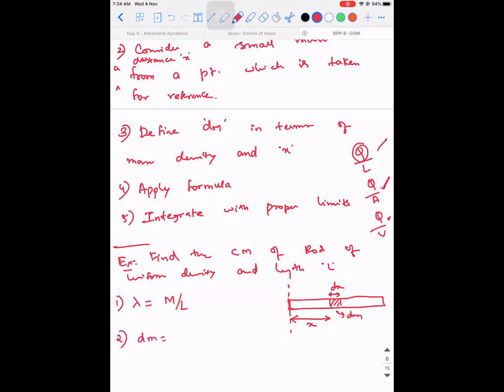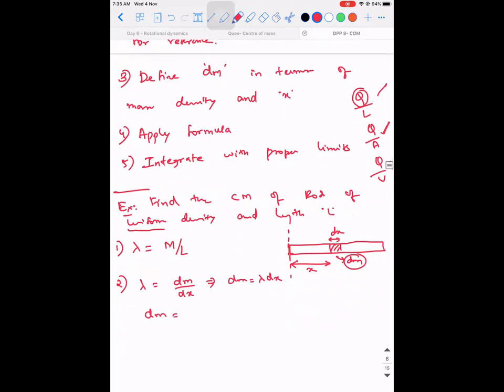So lambda is equal to m by L. Can I write lambda is equal to dm by dx also? Did you understand why I wrote dm by dx? Because it is uniform density. Which implies dm is equal to lambda times dx. Is there any doubt in this step?